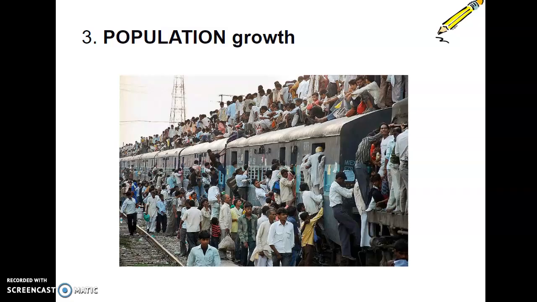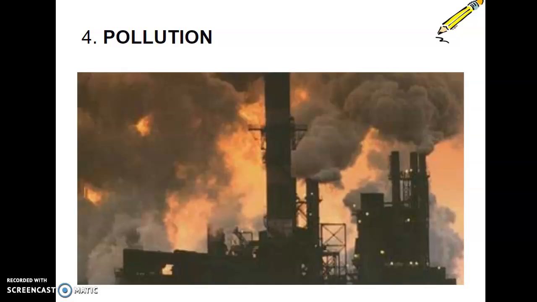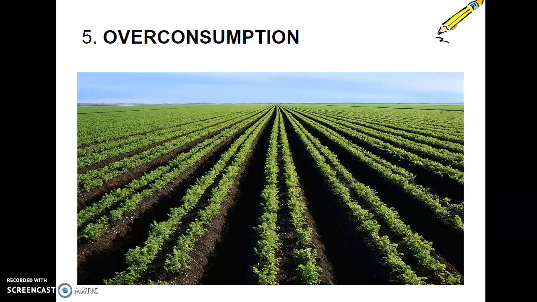Population growth. When there are too many people, that reduces the amount of resources that we have, and in turn biodiversity and sustainability. Pollution. Pollution can harm a lot of ecosystems and habitats, therefore also decreasing our biodiversity and sustainability. And lastly, overconsumption.